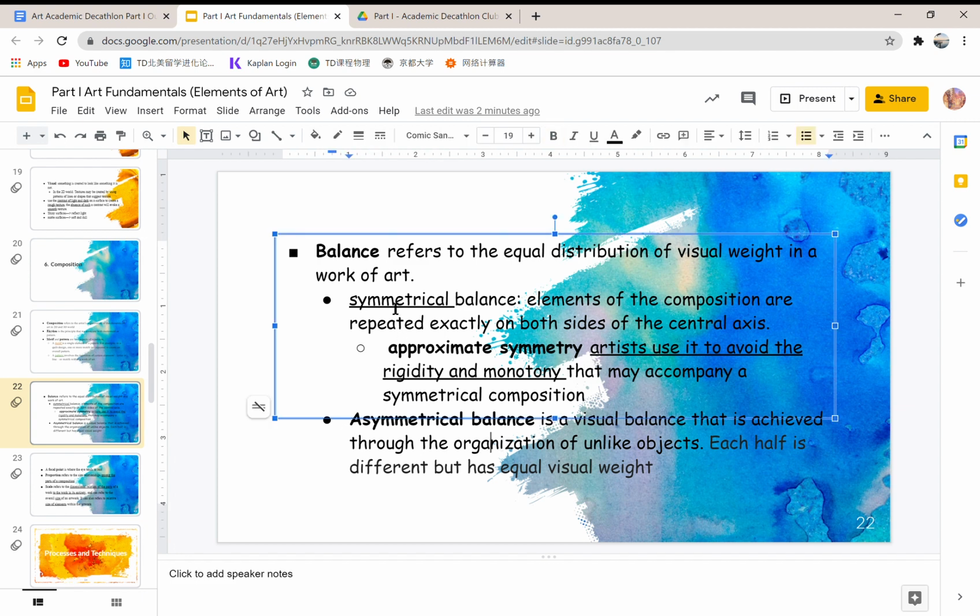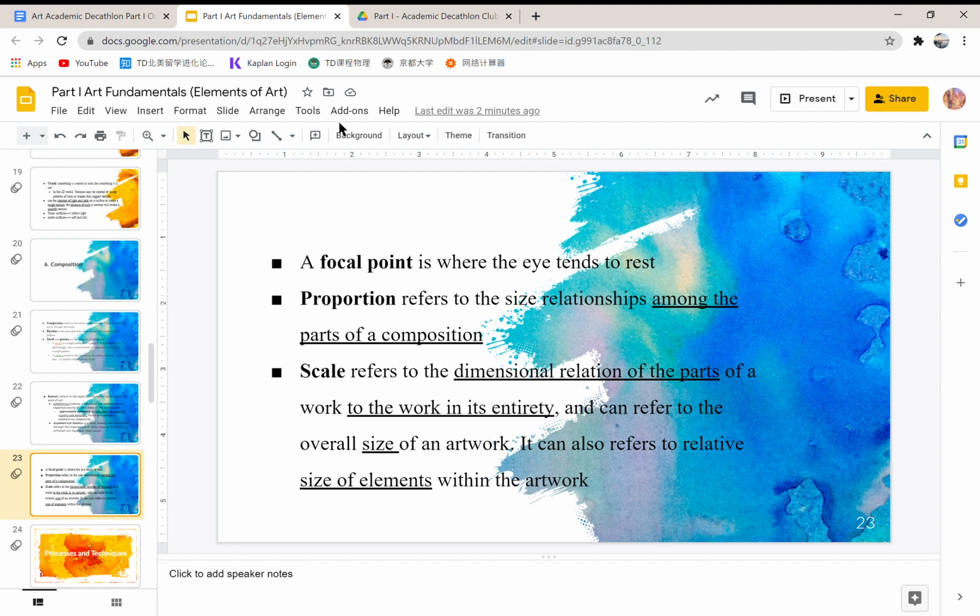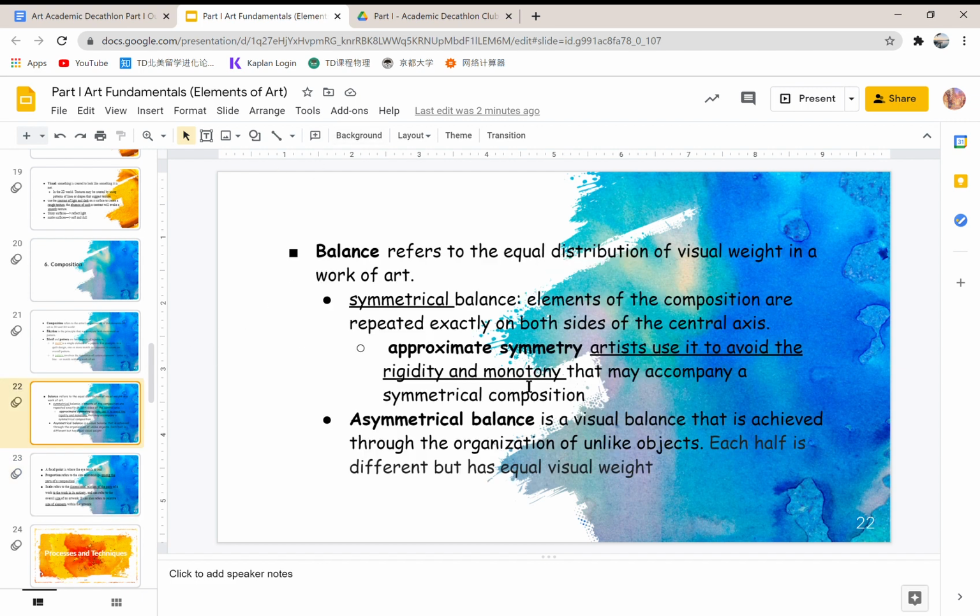And then if we have symmetrical balance, then we definitely have asymmetrical balance. Asymmetrical balance is a visual balance that is achieved through the organizations of unlike objects. Each half is different but has equal visual weight. So let's see.